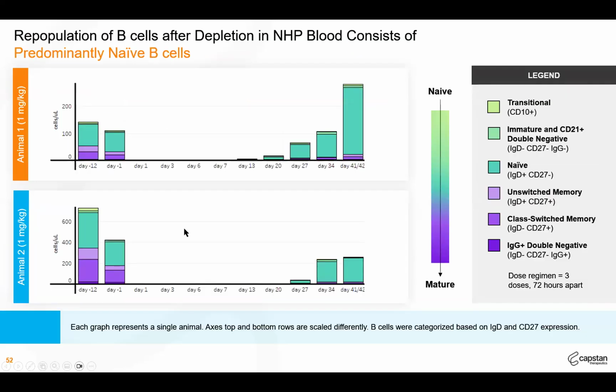Now, after administration of those targeted LNPs, the B cells that come back are of the naive phenotype, and that's exactly what we want. So these mature cells, now this is not an autoimmune model in NHP, but we're using the phenotype of the B cells as a surrogate for immune reset.